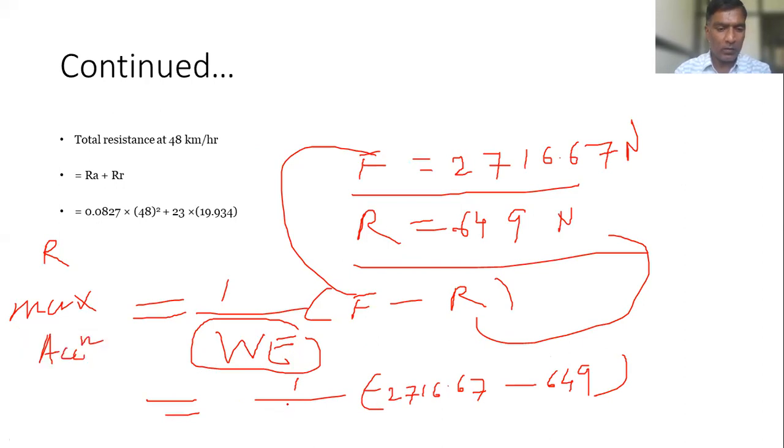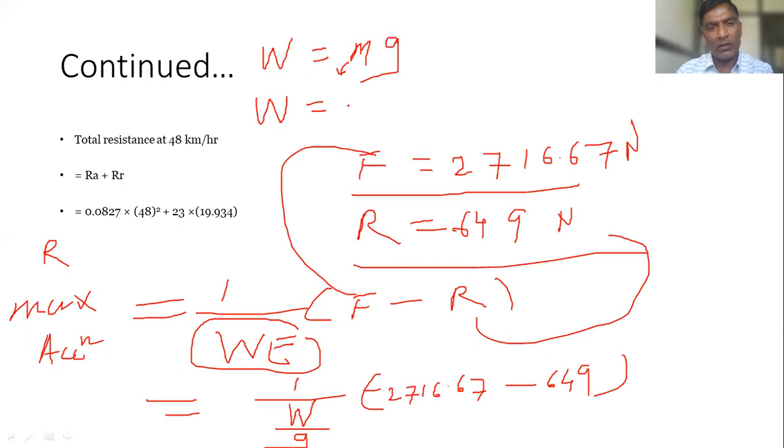No, sir. I forget. So I will write here W, just for your information, is equal to mg. Here W is weight, this is mass. Instead of that, I will write here effective weight, effective mass. This is G. Then WE is equal to.